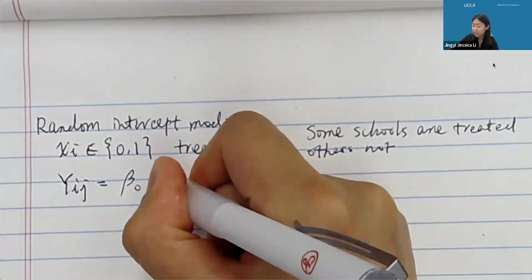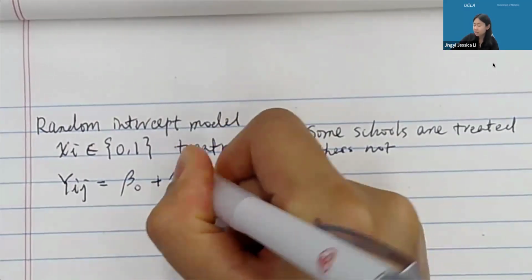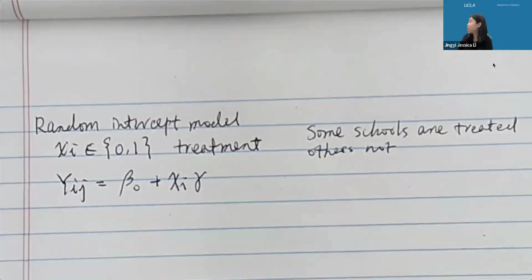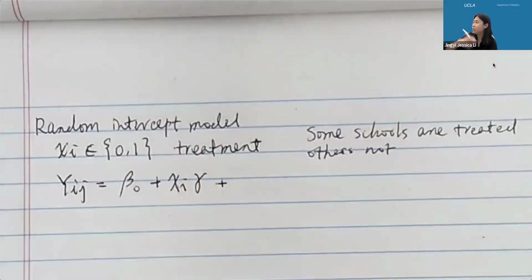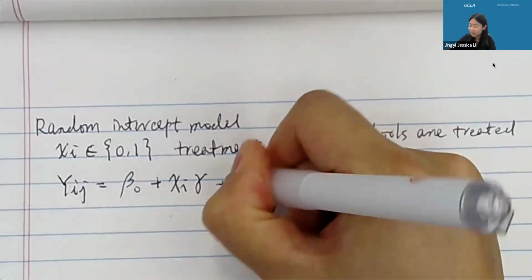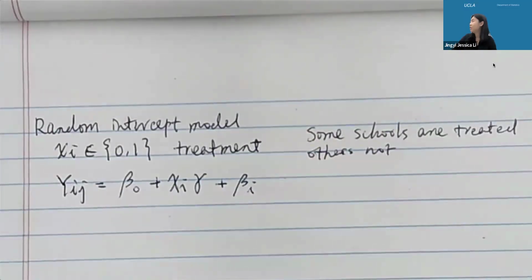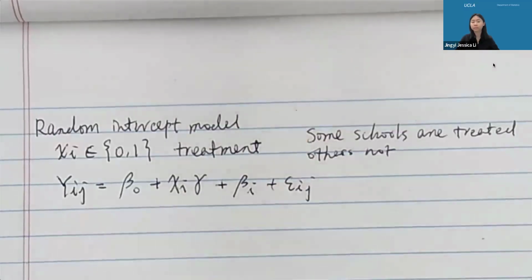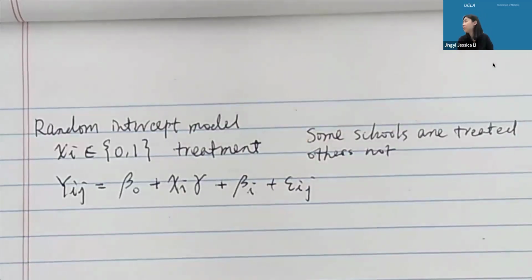We call that, since xi is a scalar indicator, gamma. So gamma is the treatment effect. And we still have those beta I to indicate the school-specific intercept plus epsilon ij. So compared to the previous model, the only thing we added is the xi gamma to indicate the treatment effect.